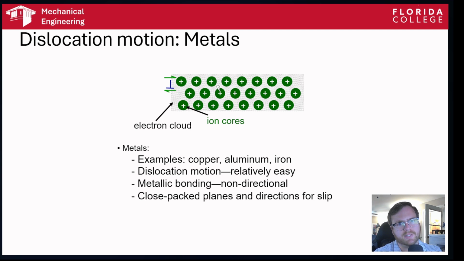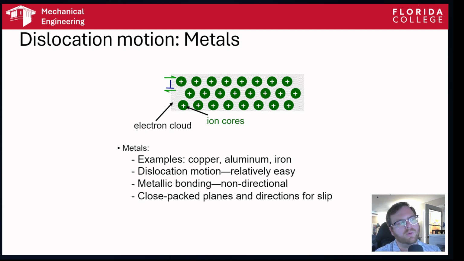Of course, it does take some force to do this. It's not going to happen by itself. But if you do apply enough of a force, you can persuade these metal atoms to break their connections with the atoms that they're bonded to and to move over one step.